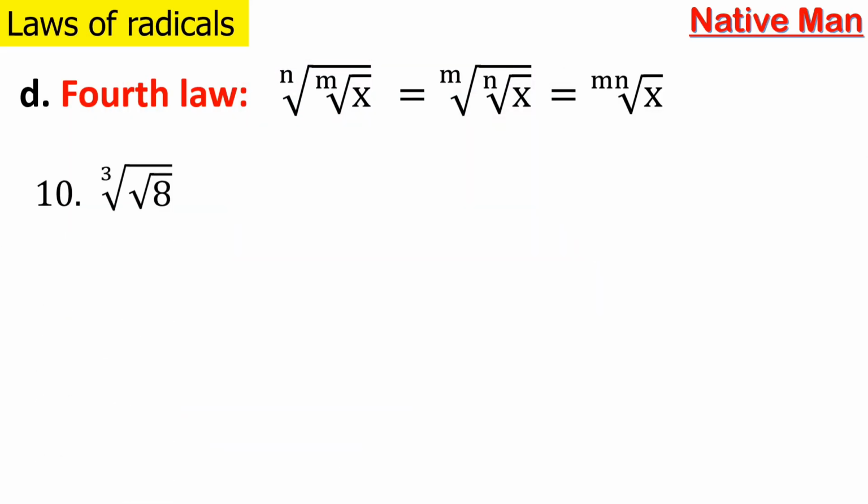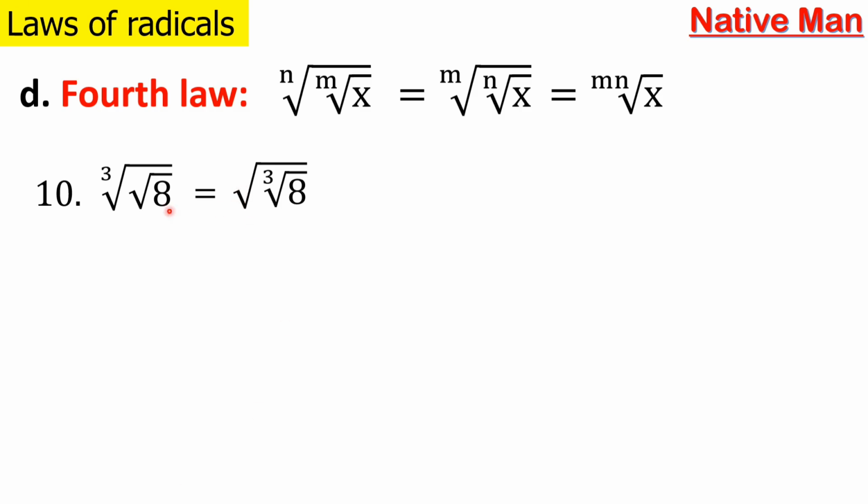For example, the square root of the cube root of 8. So 8 is not a perfect square, but 8 is a perfect cube. We need to change the index.